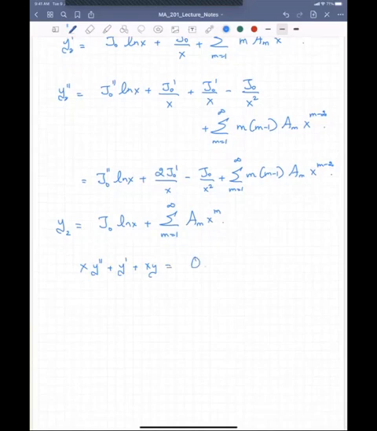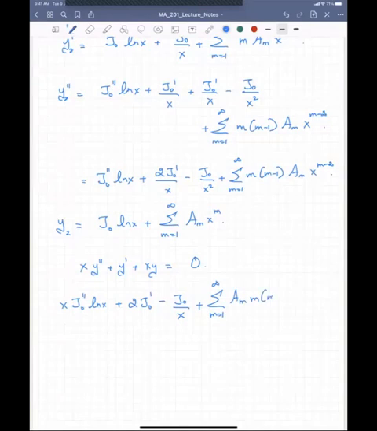So let's do that. Look at y2 double prime. If I multiply it by x, I get x times J0 double prime log x plus 2 J0 prime. The 1 over x cancels the x, minus J0 over x, plus, since I'm multiplying by one factor of x, the x to the m minus 2 becomes x to the m minus 1. Okay, so that is the x y double prime term.